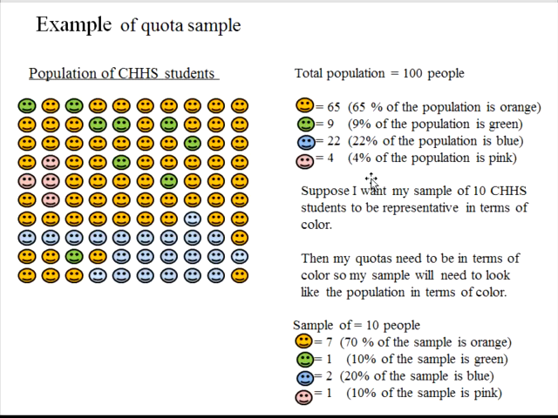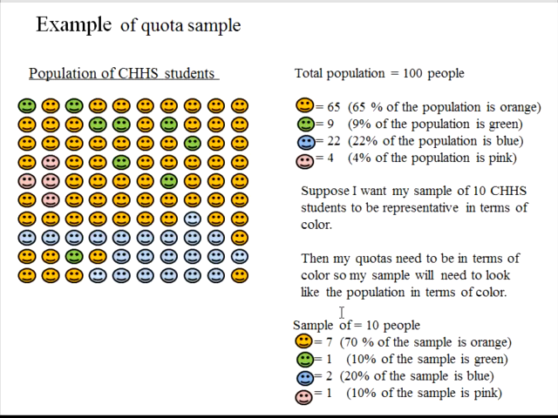And now my sample has to have the same composition as this population in terms of color, right? So my sample would need to be about 65% orange, about 9% green, about 22% blue, and about 4% pink, right? So, and that's what I did, right? I chose, and this is key, I chose elements based on their color to be sampled.